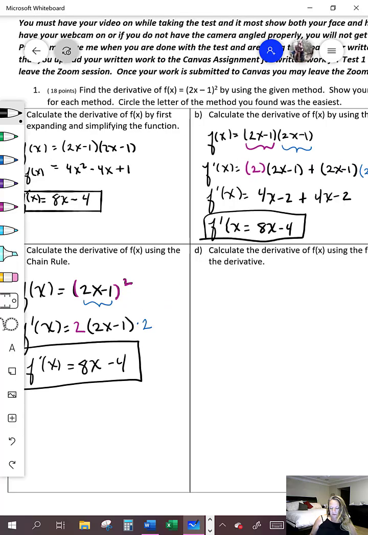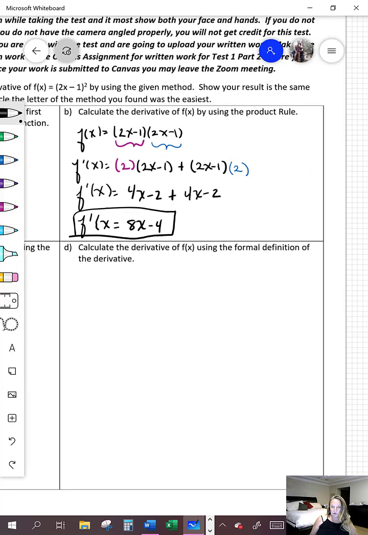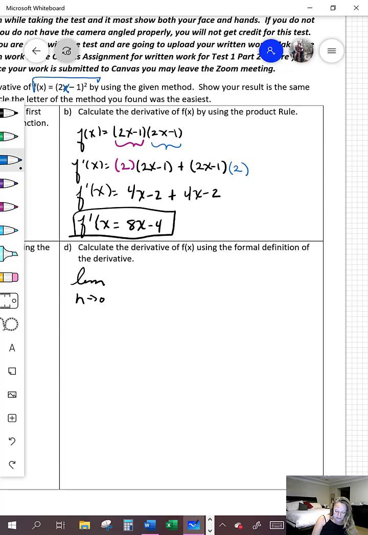So last part, we're going to take the derivative using the formal definition of the derivative. So we're looking at the limit as h is approaching 0 of f of x plus h. So f of x plus h, we're going in and we're plugging in x plus h wherever we see an x in this function up here, f of x.